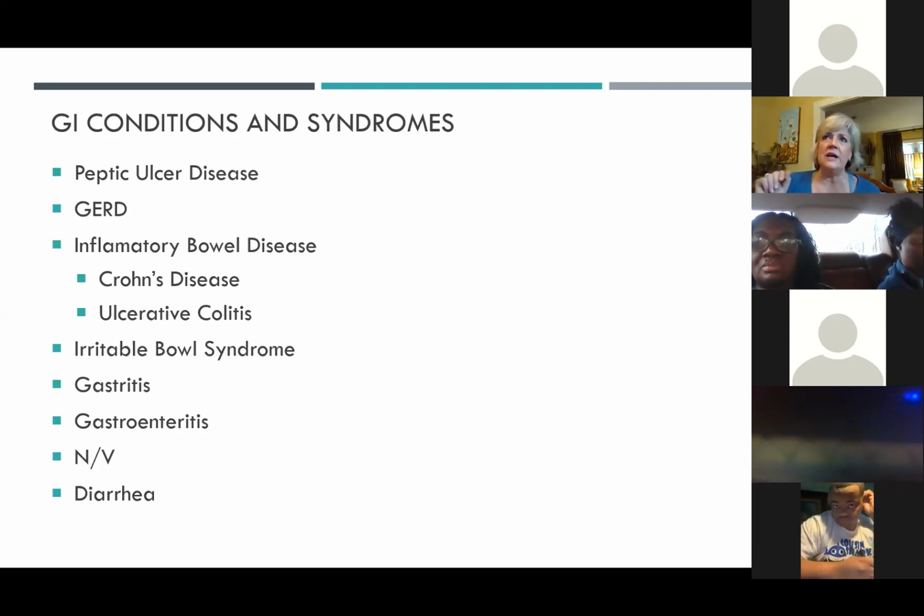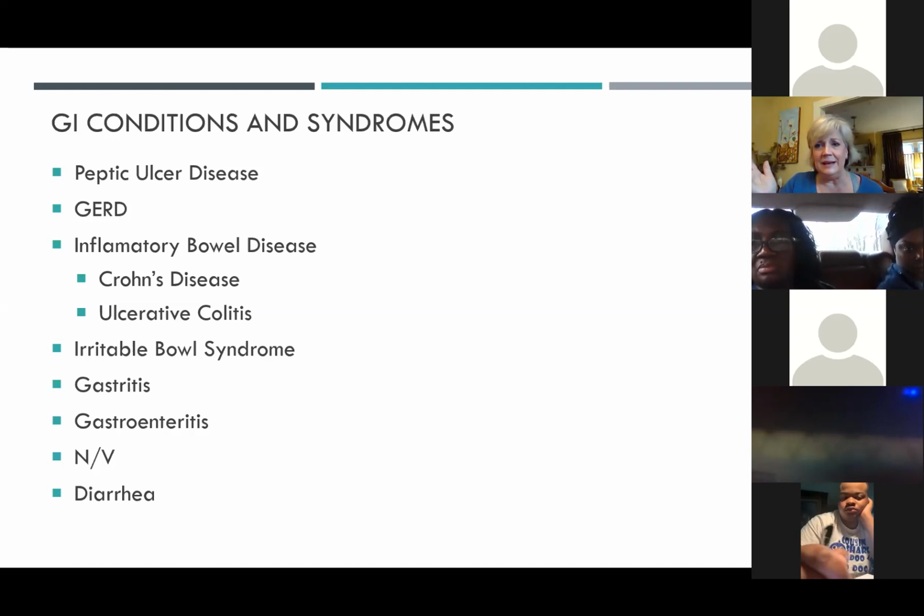All right, so we talked about GERD a lot during the simulation, and I wanted y'all to drive home your discharge instructions for your patient, because you need to make sure they know that they're going to be sleeping elevated from here on out. This is not something that they're going to get over. So it will be a lifestyle change. The diet, what they eat, when they eat, and what they can eat late at night.